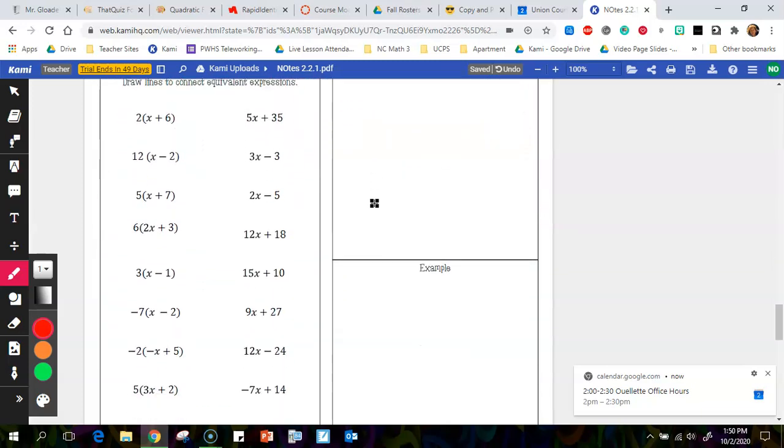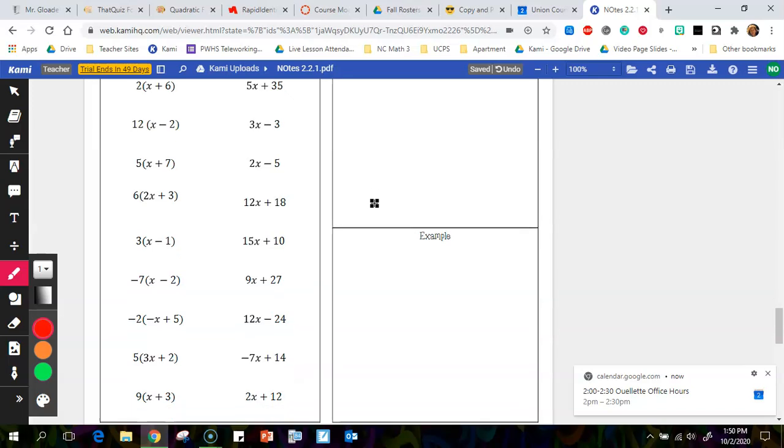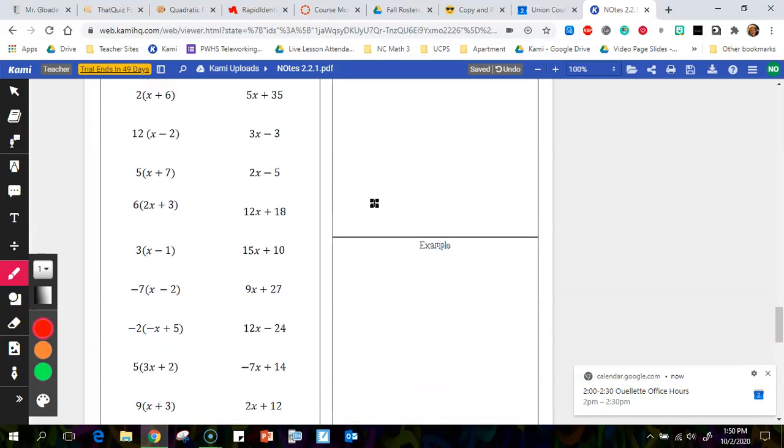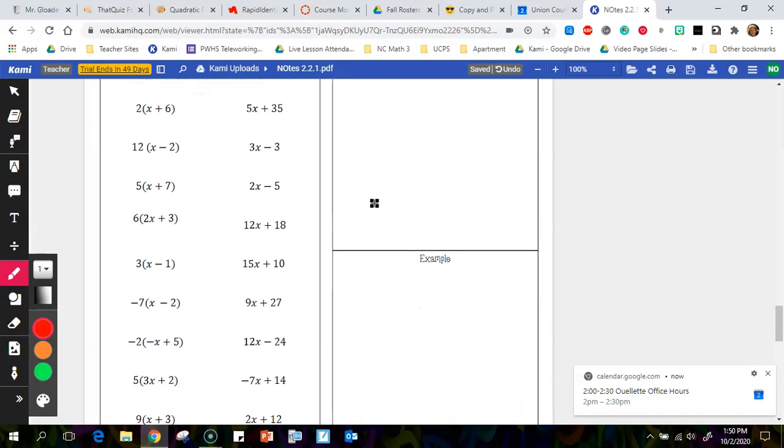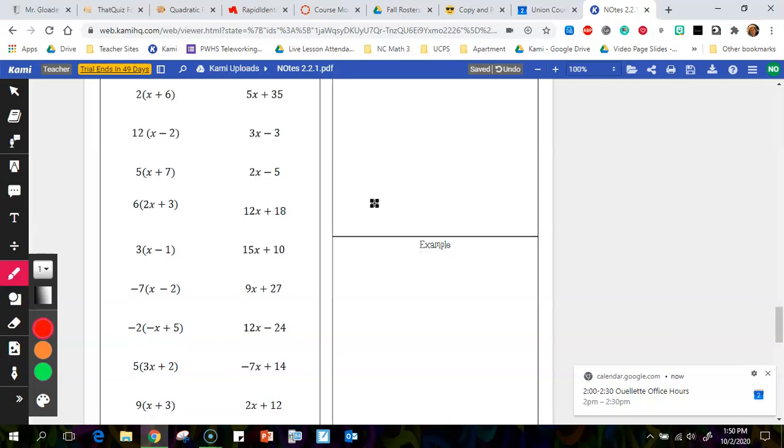Okay, let's match these up. I can see them all. All right, 2x plus 6. We'll just write 2x plus 12. This is going to be 12x minus 24.